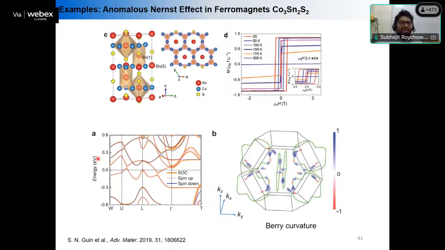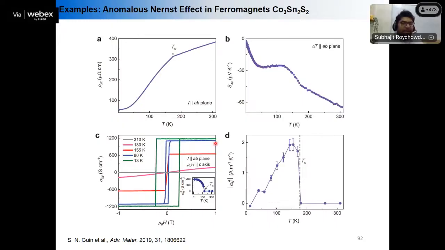And then they did the theoretical calculation. You can see here several crossings near the Fermi level, and it gives rise to a strong Berry curvature in this system. Similarly, they observe a large anomalous Hall conductivity as well as large anomalous Nernst conductivity.